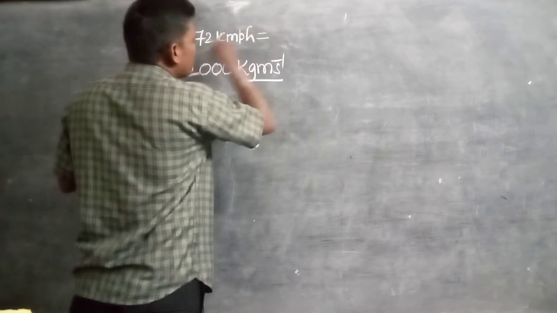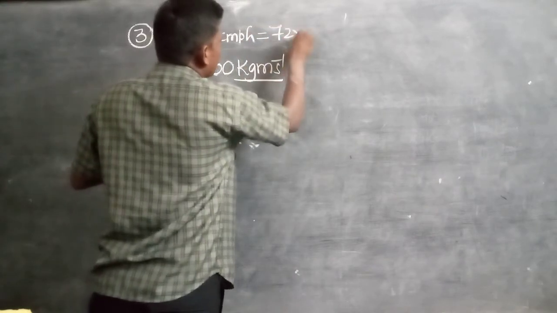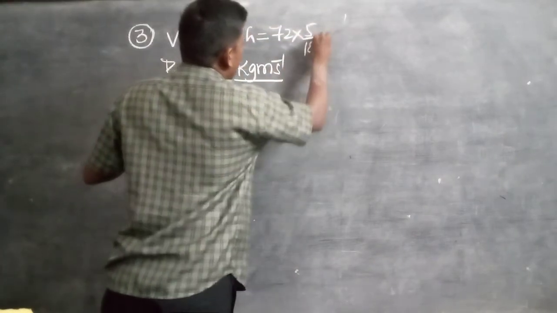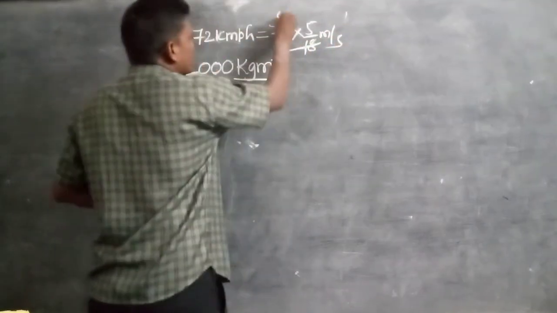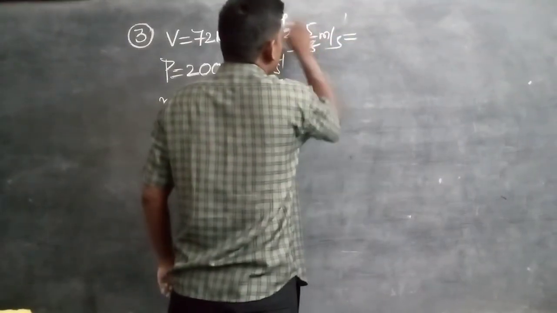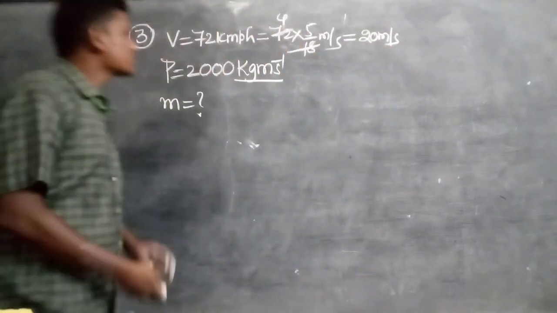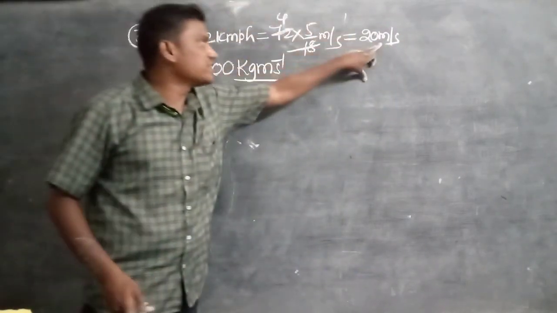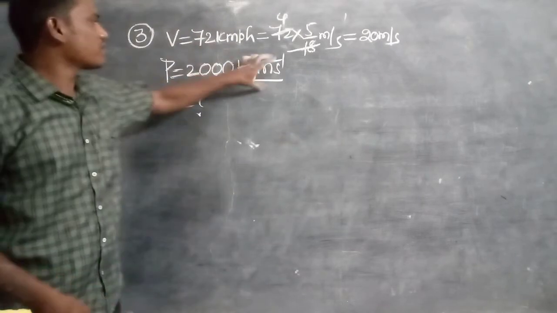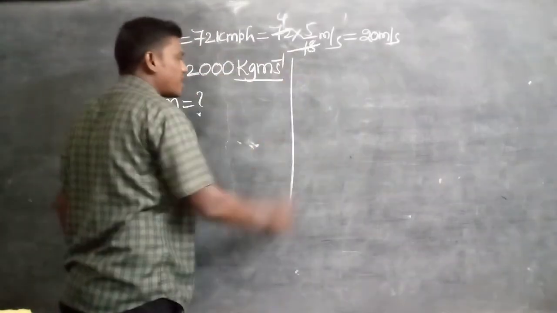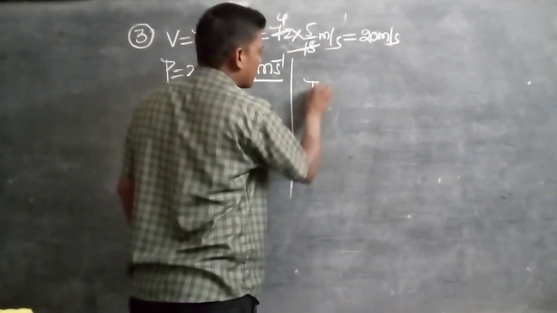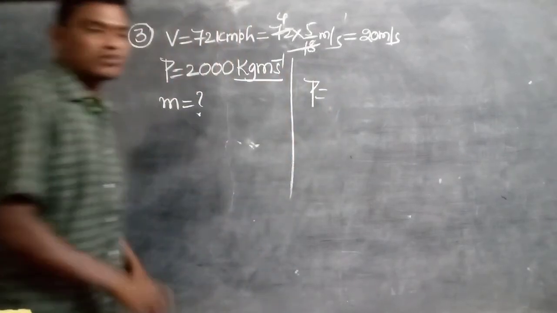So 72 kilometers per hour, 72 into 5 by 18 meters per second, 18 4s are 72, that equals 4 5s are 20 meters per second. So the velocity value is in SI unit and the momentum value is also in SI unit. Then you can substitute these two values in the suitable formula.